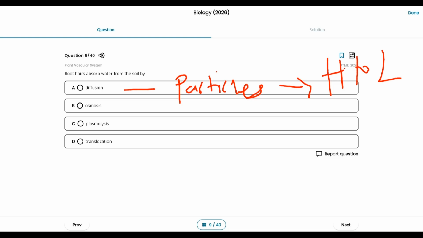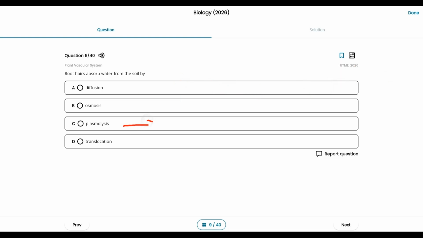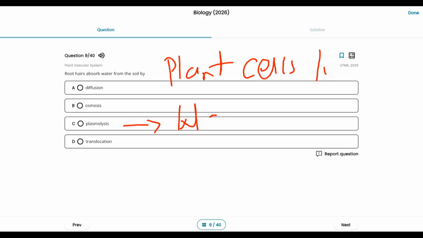Okay, let's look at plasmolysis. Now, plasmolysis occurs when a plant cell loses water.